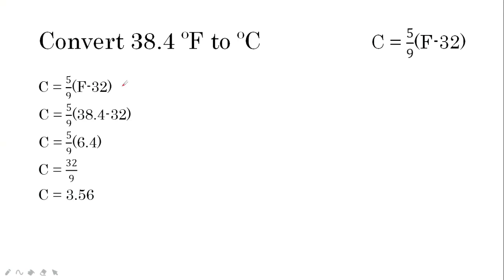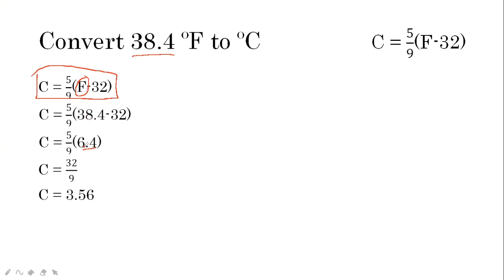So, ito. 38.4 degrees Fahrenheit to Celsius. So, ito yung formula for Celsius. And then, pinalitan natin yung F ng 38.4 kasi yun yung Fahrenheit. So, 38.4 minus 32, that is 6.4. Okay? So, kopyahin lang muna to. Ito lang muna naka-parenthesis yung sinolve natin.